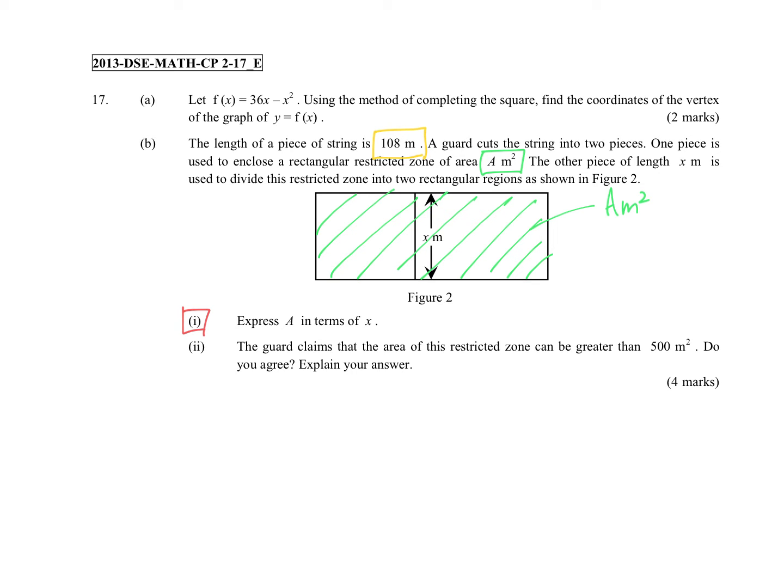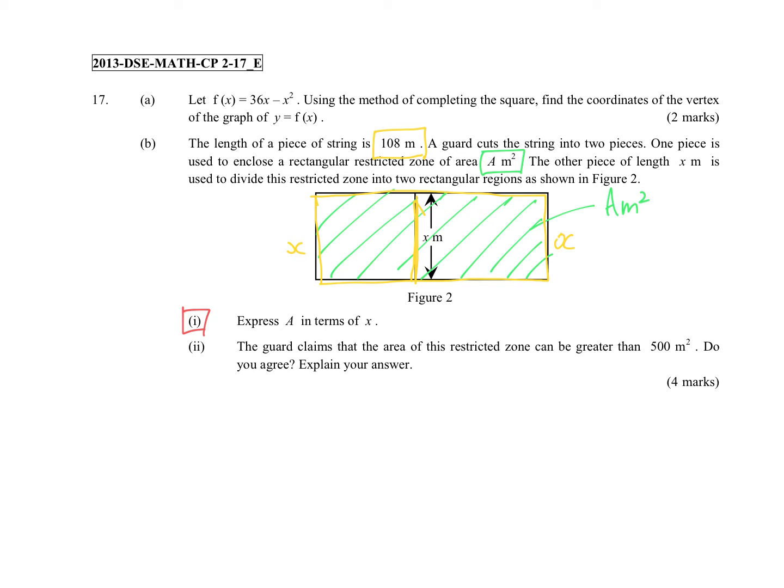That means 108 meters is the first part and this is the second part. So this is x, this is also x, and this is also x. So here we have 3x.